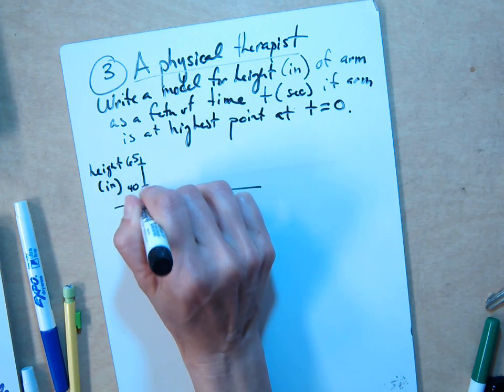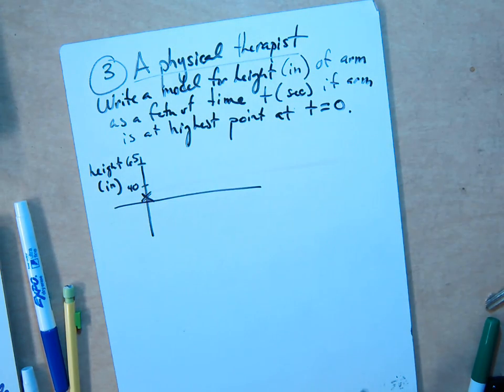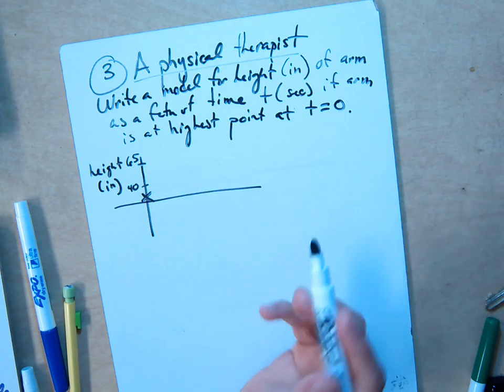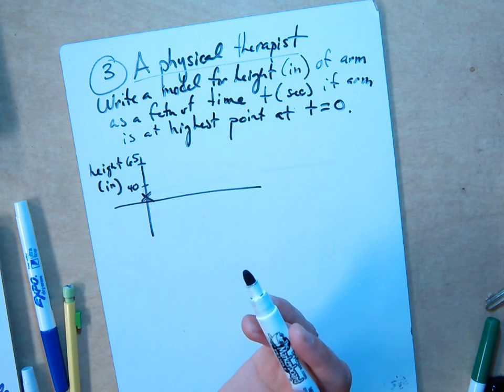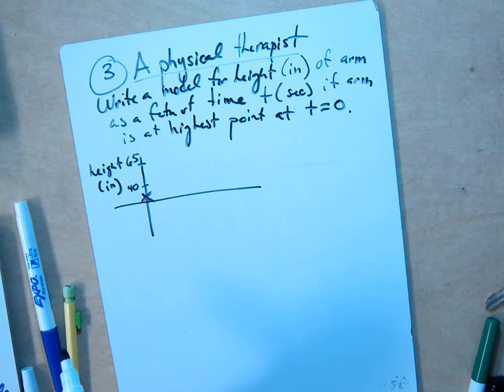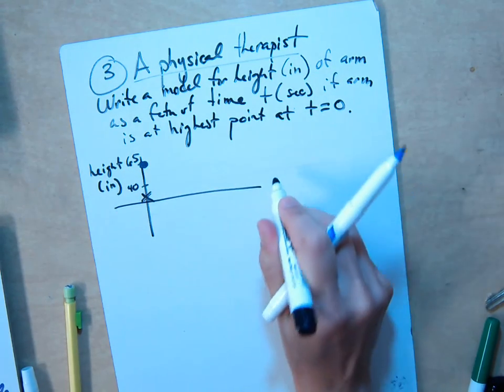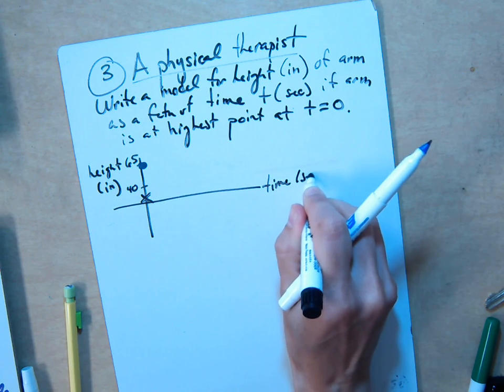You are allowed to ignore the rest of the region, so you don't have to scale it. We'll only use the graph within that region. So there's a point on the graph at the highest, right here at time 0, and let's label our axes. This is time in seconds.